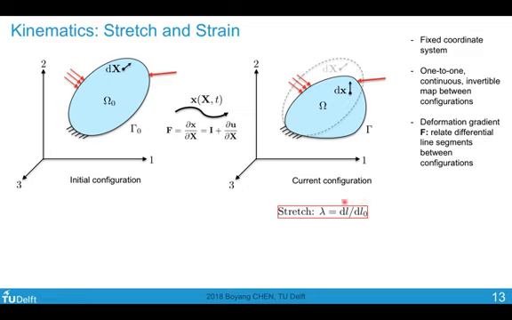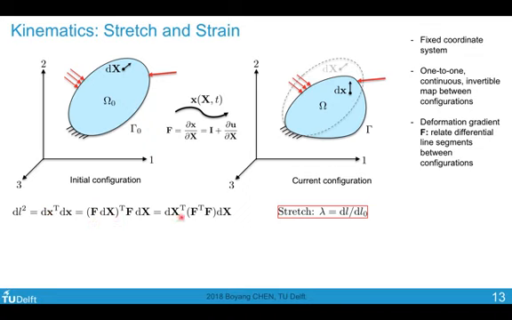Now, as I mentioned, I would like to obtain the length of these vectors, dX and dx, and the way to obtain the length of a vector is to simply calculate the dot product with itself. Then we obtain the square of its length. Now we plug in the relationship between dx and dX through the deformation gradient.